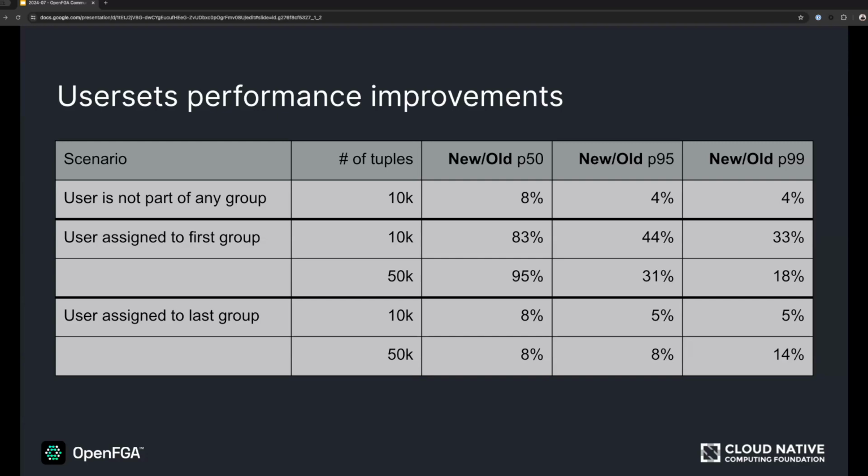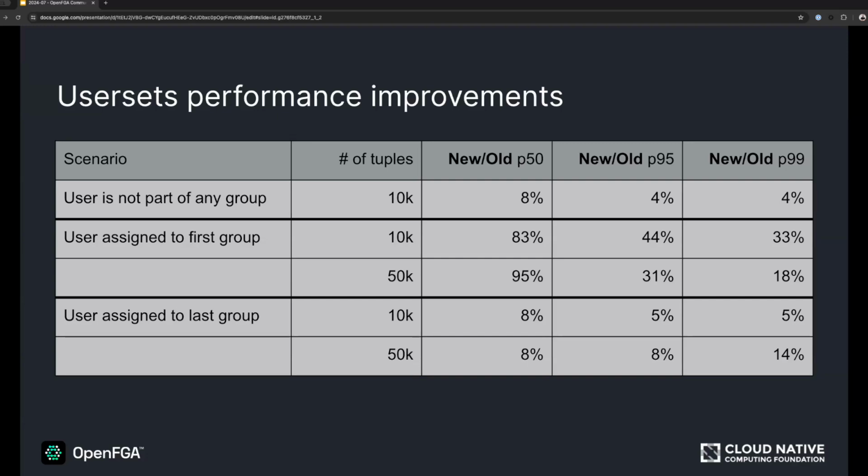And if we extend this to a 50,000 tuples case, we see that for the P99 latency number, it will be about 5 times improvement, right? Because the new latency is only 18% of what it was before.